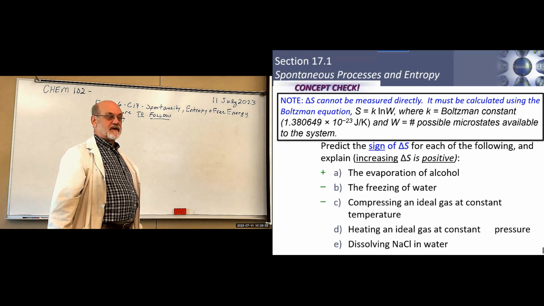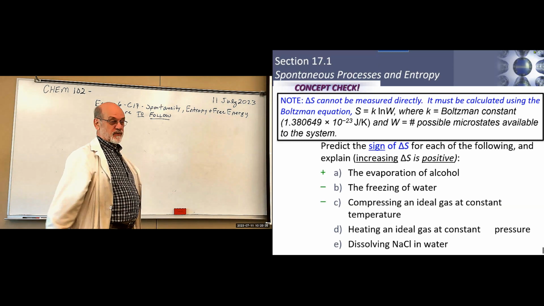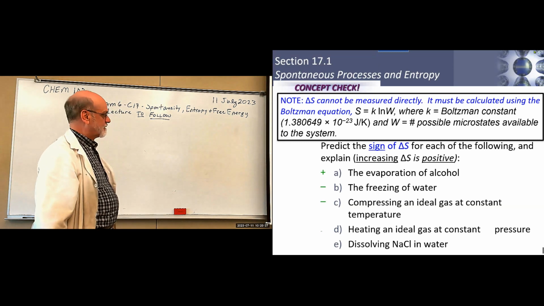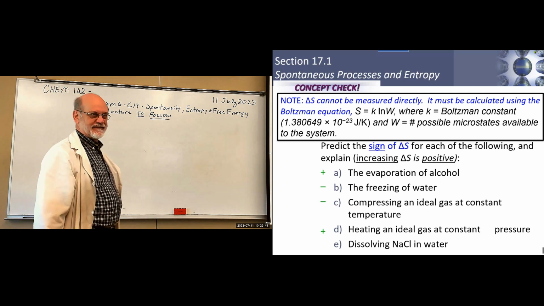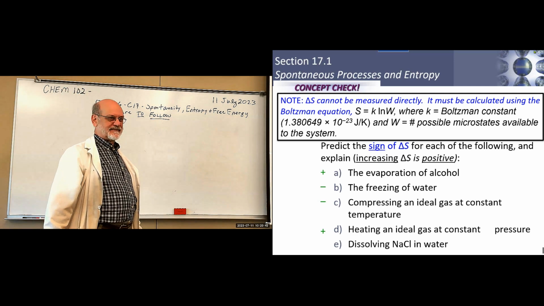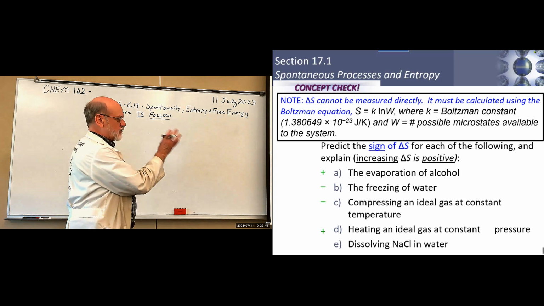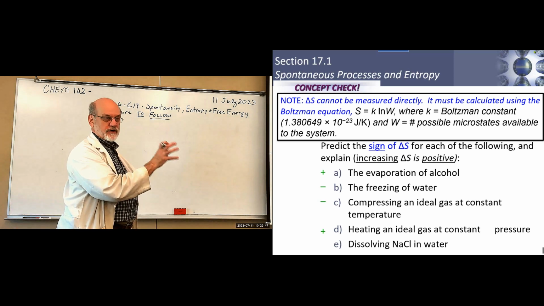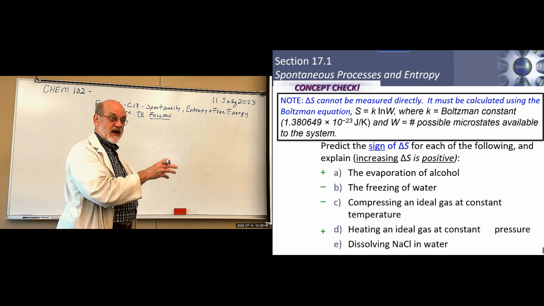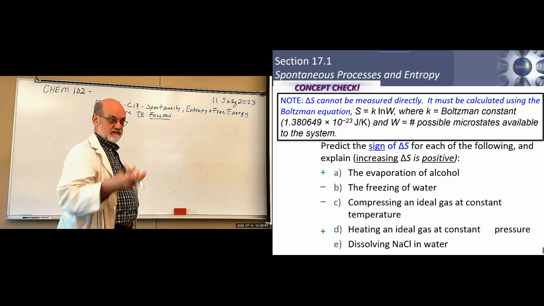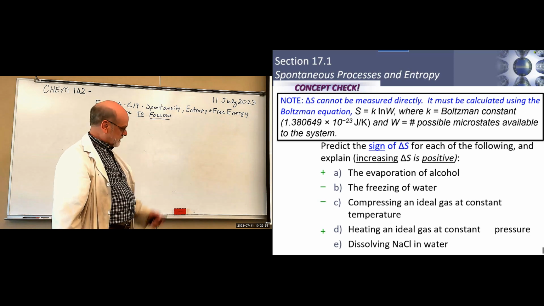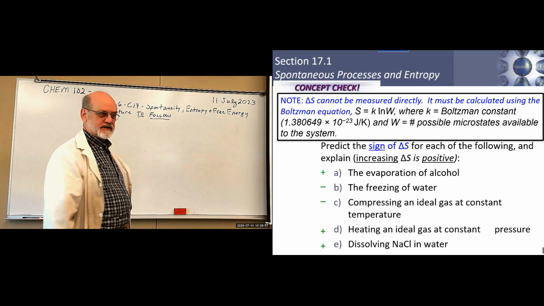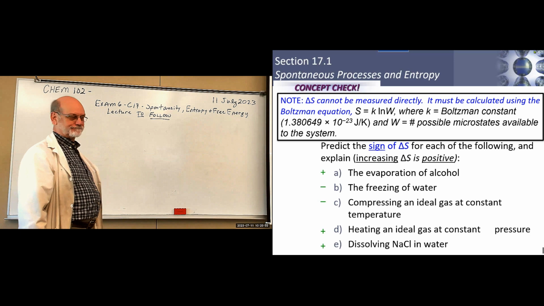Increase. Yep, you're increasing its energy entropy. And dissolve sodium chloride in water. You have to think about the sodium chloride as your focus, as your system. It's going from a solid to a dissolved ionic compound. Increase. Yes, that would increase its entropy.